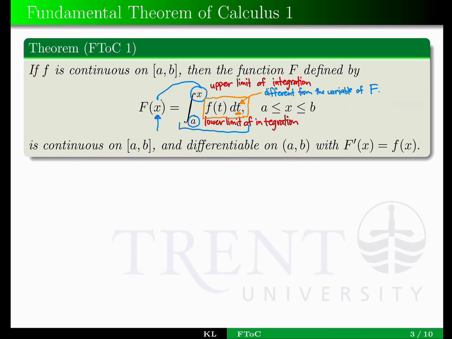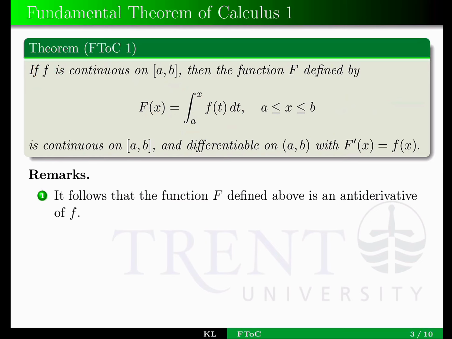But let us see how this works. If your capital F is defined this way, the derivative of that capital F will be equal to small f, this small f here. And recall from the previous slide, this means that capital F is actually an antiderivative of small f because it satisfies the condition capital F prime of x equals small f of x.